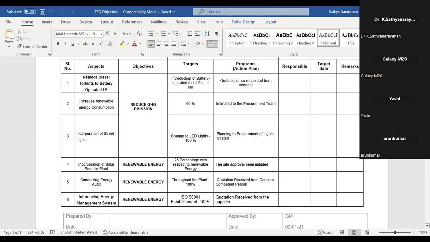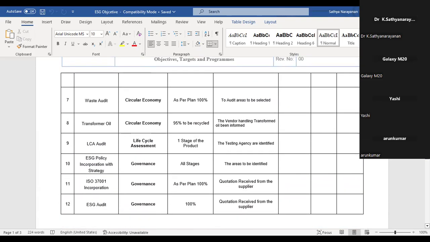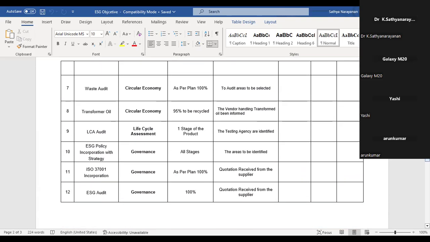This is the outcome of your double materiality assessment. The entire objective of your ISO 14001 has to be in this aspect only.